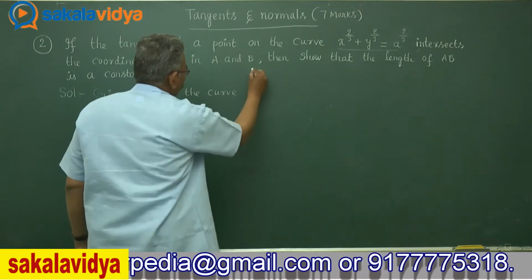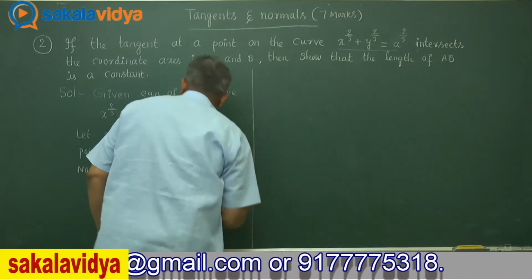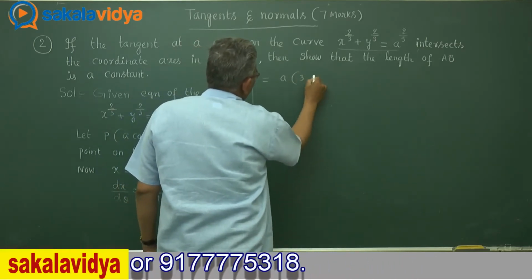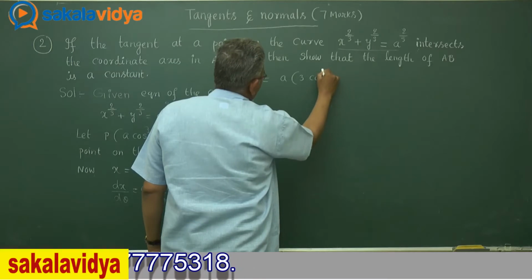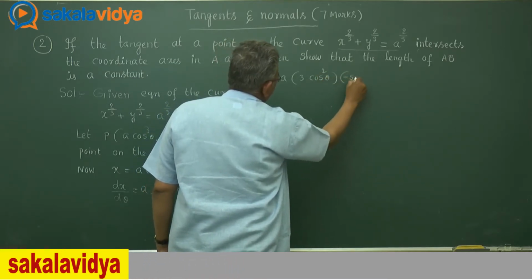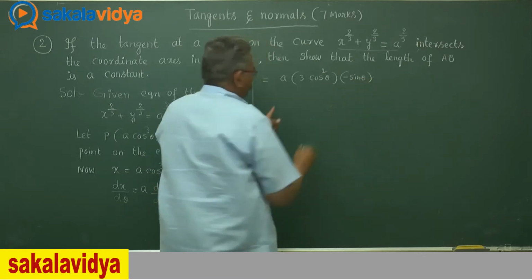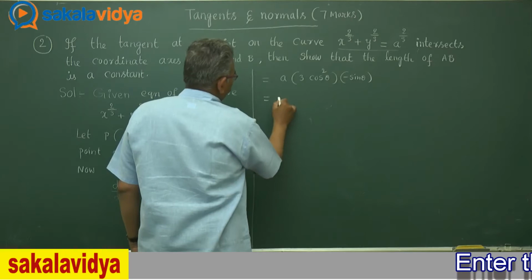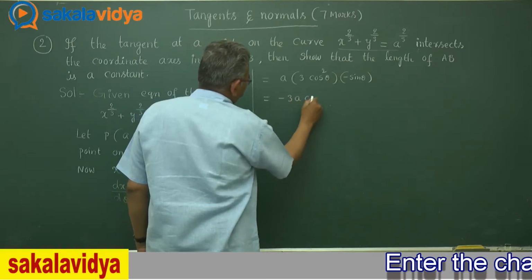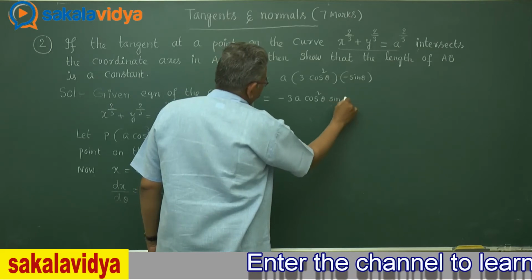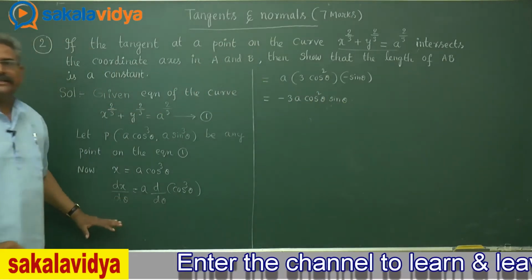So this is equal to a times 3 cos²θ, multiplied by the differentiation of cos θ, which is minus sin θ. It's a very important step. Now this can be simplified: dx/dθ = -3a cos²θ sin θ.